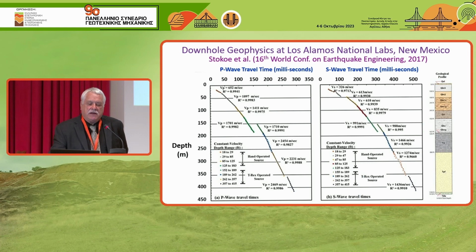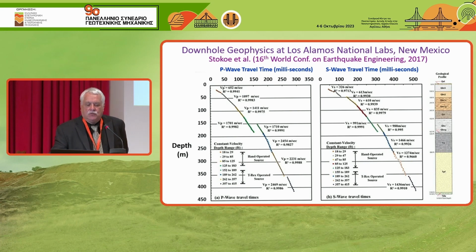Here's a special test program by Ken Stokoe, and in this case, they used 2 sources. One was a manual source to get them down maybe on the order of 50, 60 meters, and then below that they used a very high-powered source that's used in geological oil and gas exploration.